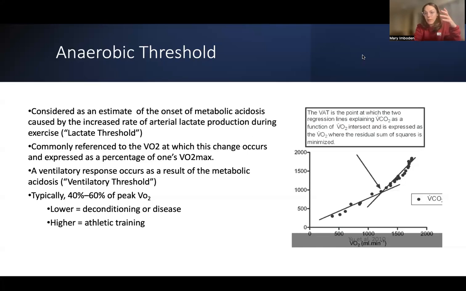You're trying to get rid of it. And so as a result, that change in your ventilation pattern is happening as a result of the acidosis. So the anaerobic threshold, you've reached anaerobic threshold already. So immediately after, you're starting to experience the ventilatory threshold. And like I said, a little bit lower than that 60%. So 40 to 60% is usually what we see for deconditioned or diseased individuals, and much higher for people that are going through athletic training.